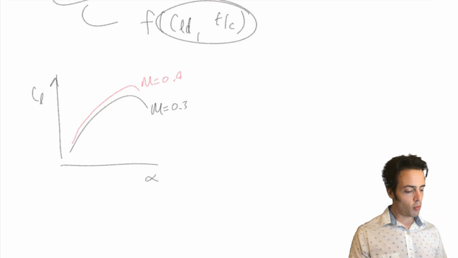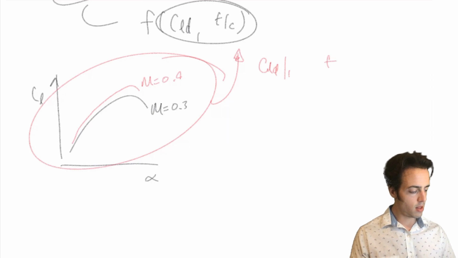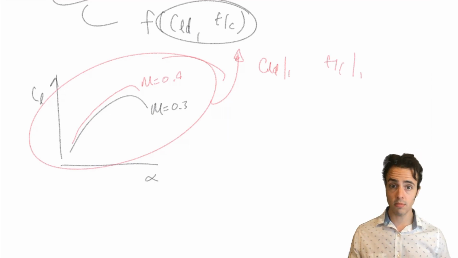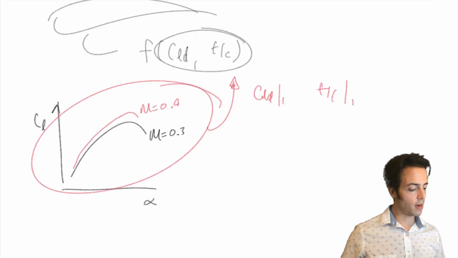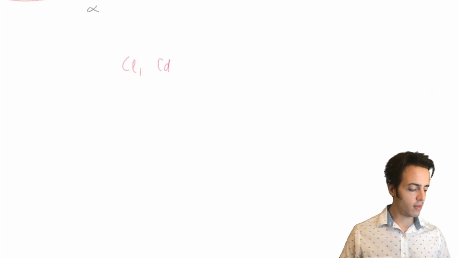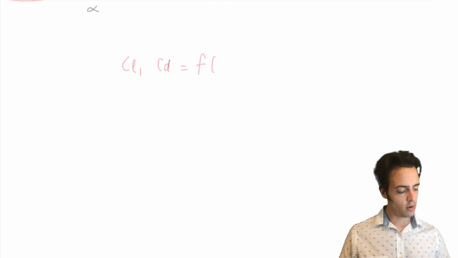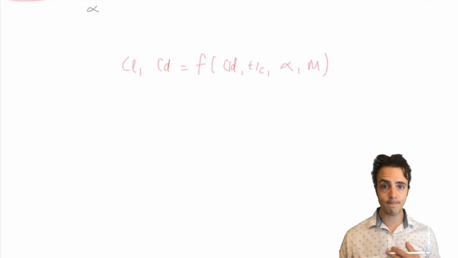This would all be tied to a single set of CLD 1, thickness to chord 1. We then change the aerofoil, and do it again, and again. So we've got CL and CD as a function of the design lift coefficient, thickness to chord ratio, alpha, and the Mach number.